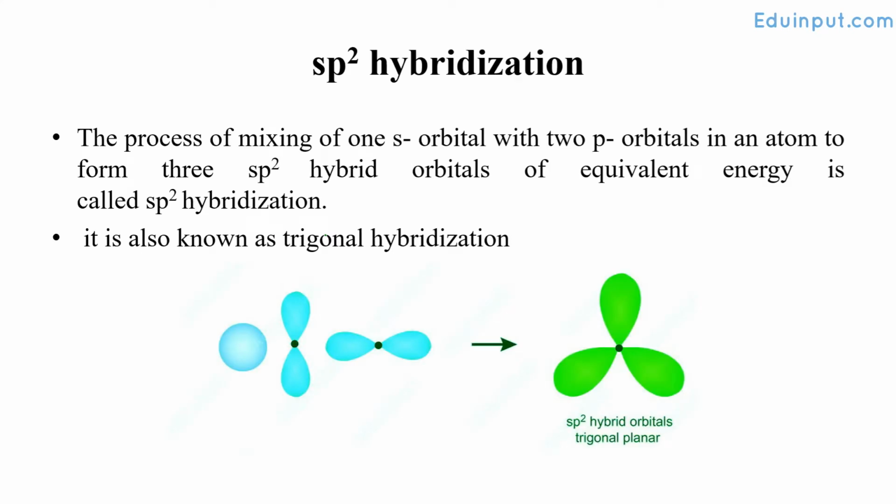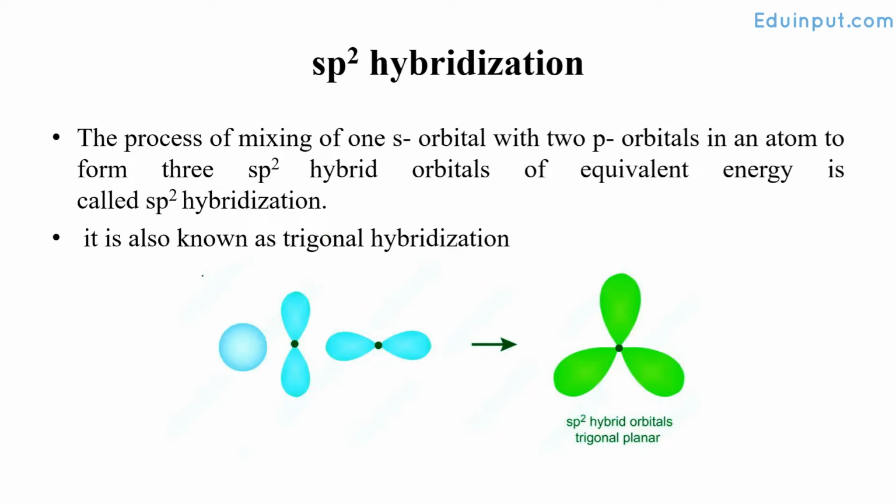What is sp2 hybridization? It is basically a process of mixing one s orbital and two p orbitals in an atom to form three sp2 hybrid orbitals. And all these hybrid orbitals are going to be equivalent in energy.